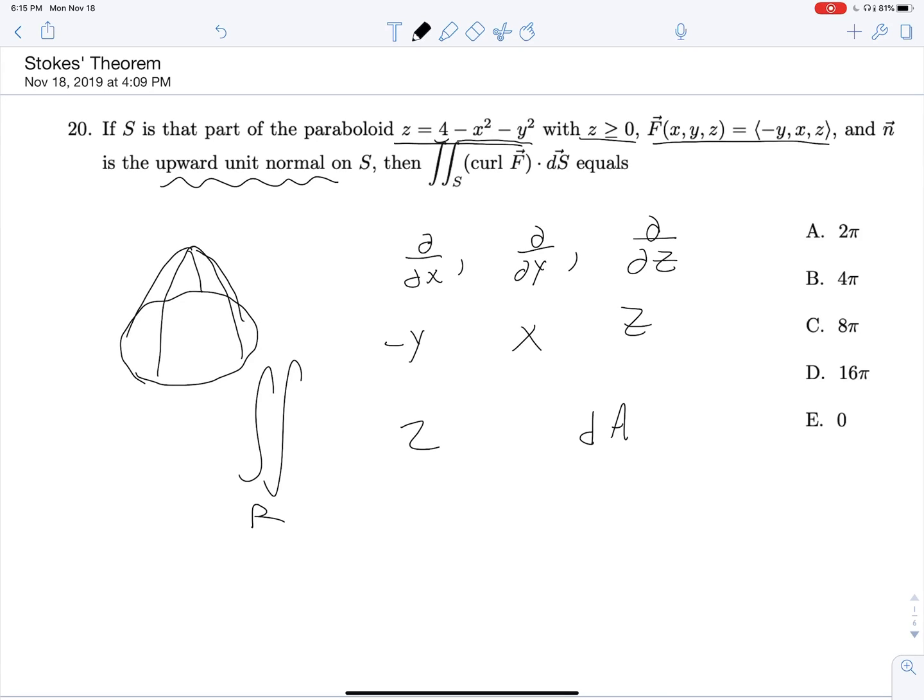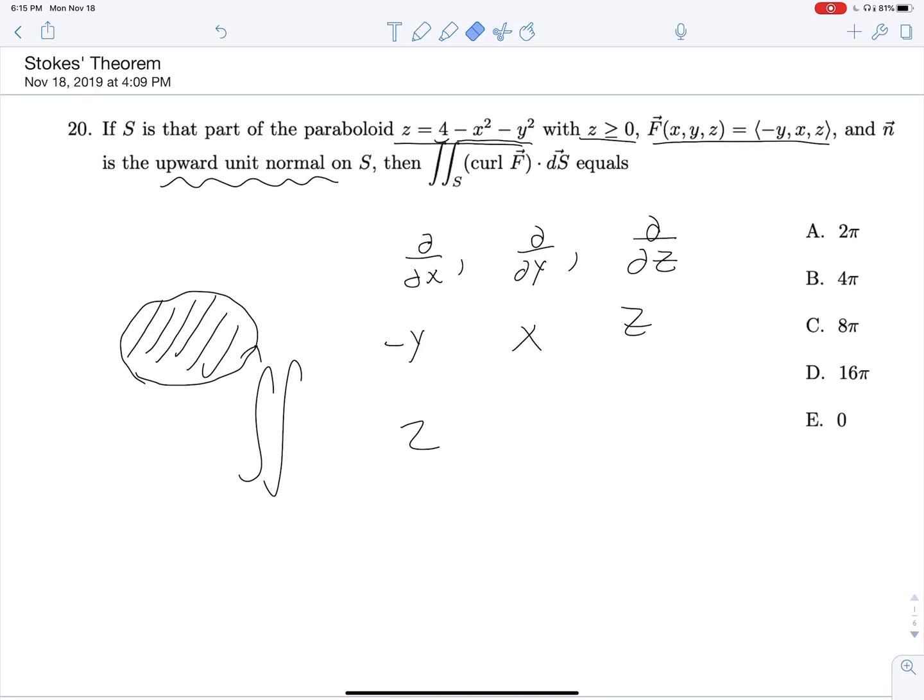So now we have the double integral over the xy projection of this area, because you remember Stokes' theorem is not dependent on what surface we have in here. So we could just take the path around the intersection with the xy-plane, and that will give us our answer.